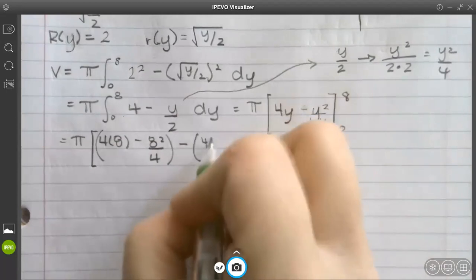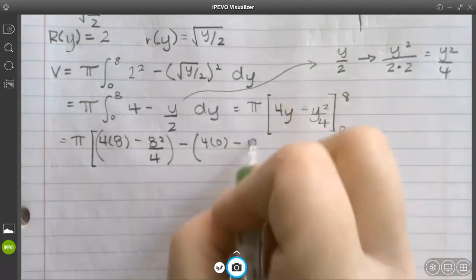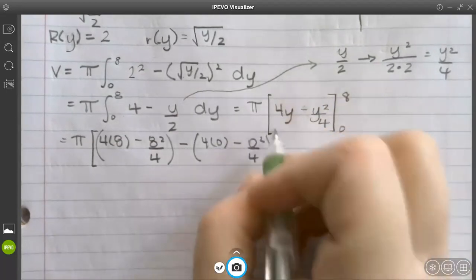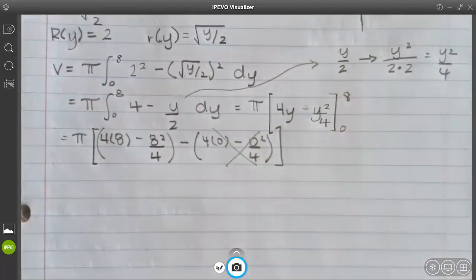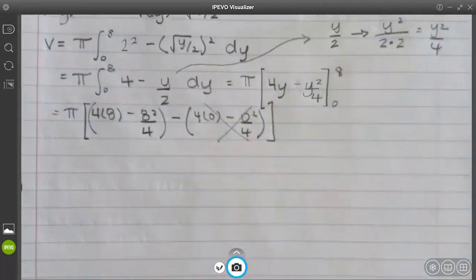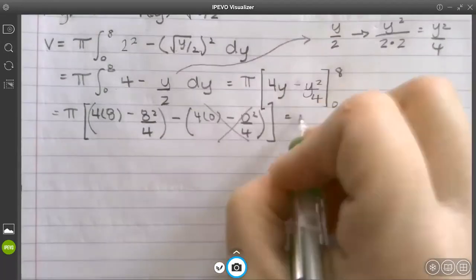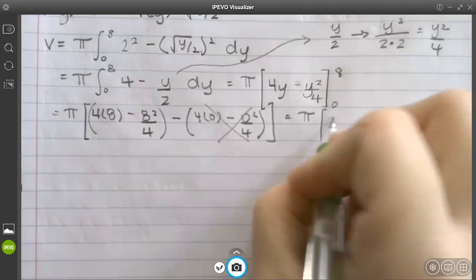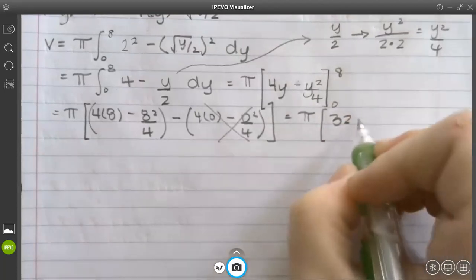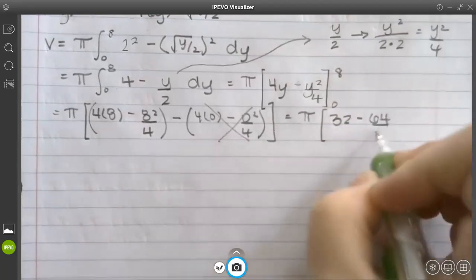Minus your zeros, which don't matter, but I'm going to write them down anyway. Eight times 4, 32. 8 squared is 64.